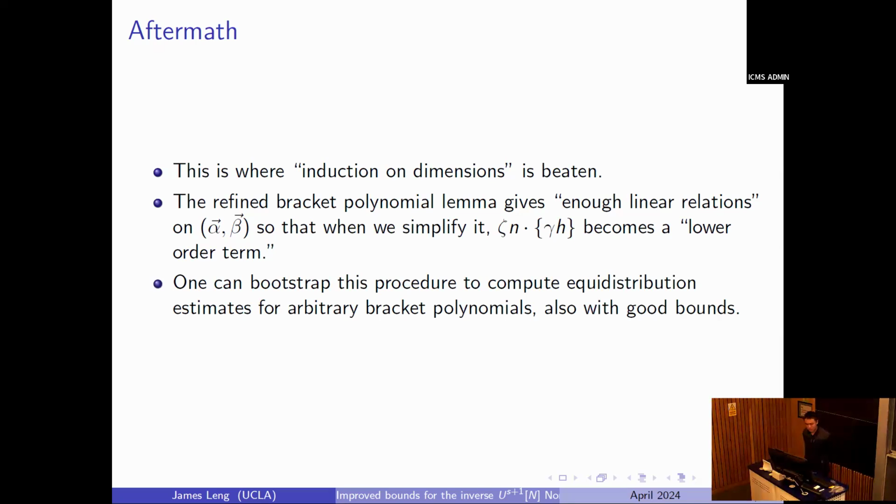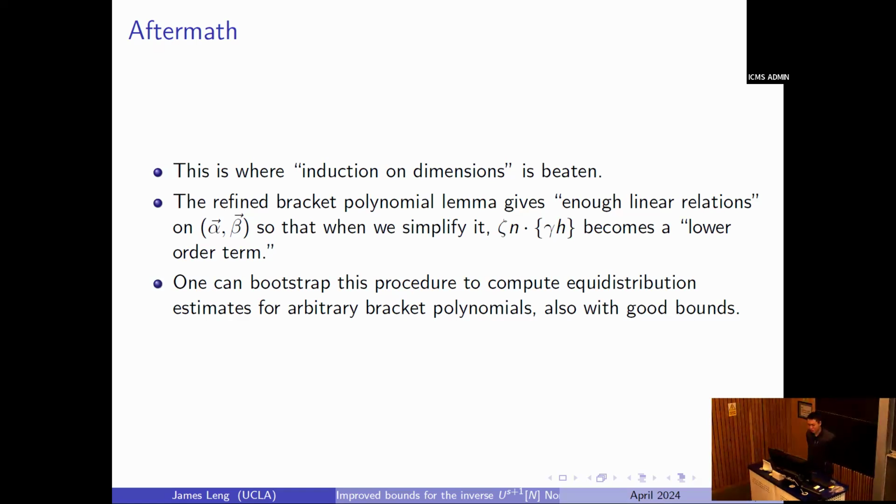And the other thing I can say is that, if you cheat a bit, one can bootstrap this procedure to compute these exponential sums for arbitrary bracket polynomials. You just use a Van der Corput inequality, Fourier expand the low order terms, and then bootstrap this lemma a bunch of times. You use induction.